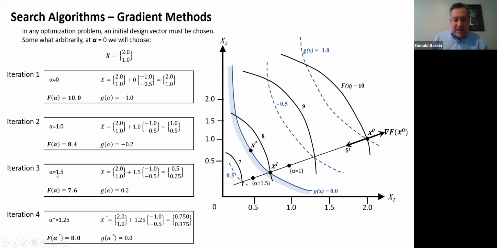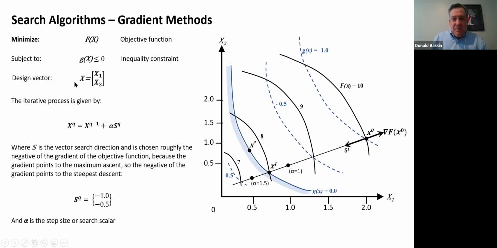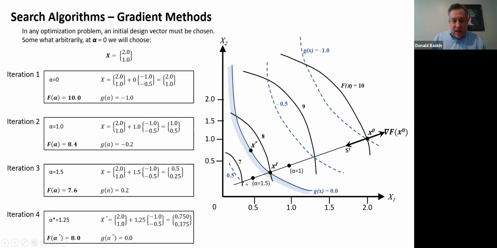So rather than taking a step length of 1.5, we take a step length of 1.25. Plug that into the equation, we get 0.75, 0.375, and then f of alpha equals 8, and g of alpha equals 0. Okay, so we now know that that is the minimum. So we just met this inequality constraint of g of x, and we found out that f of x went down from 10 to 8, so that's good.